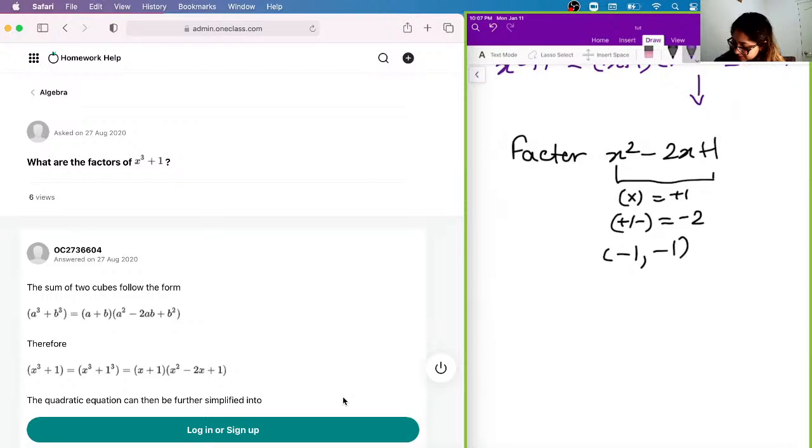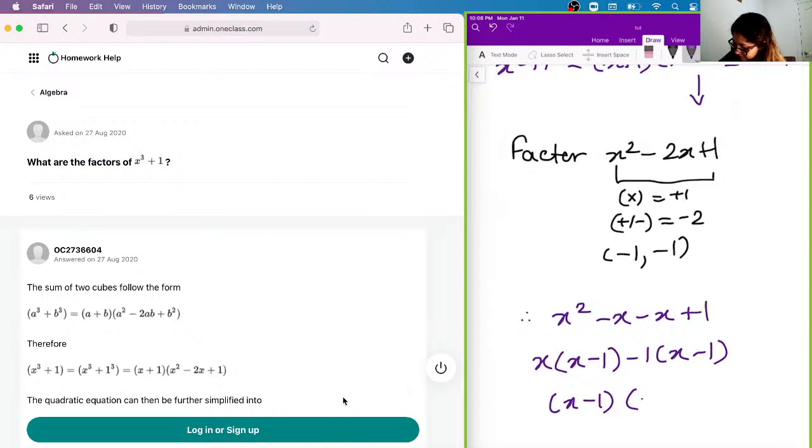Therefore we have x squared minus x minus x. Now we just factor out an x, and factor out a 1, so our answer is x minus 1, so this is basically x minus 1 squared.